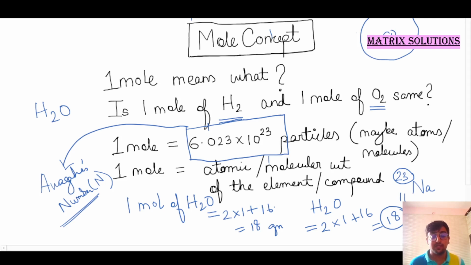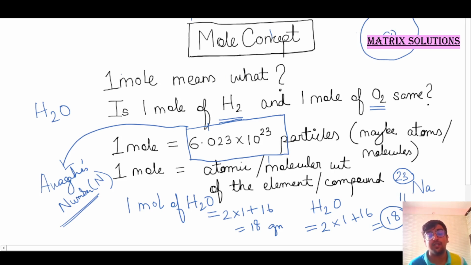Now, sir, you will say 1 mole of H2 and 1 mole of O2 have the same number of molecules, 6.023 into 10 to the power 23 molecules. So will their weight be equal? No. You can see it. 1 mole of H2, what is its weight?